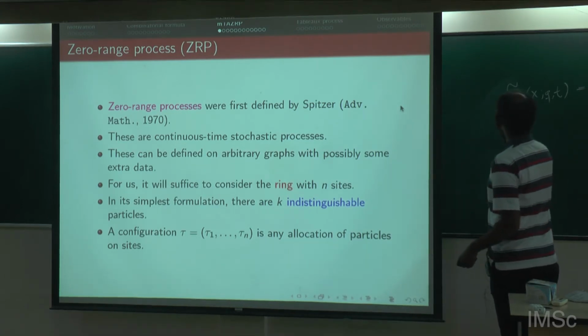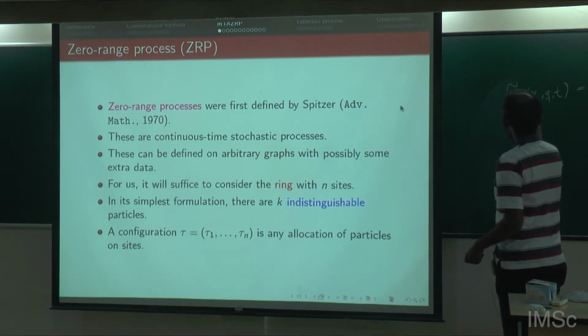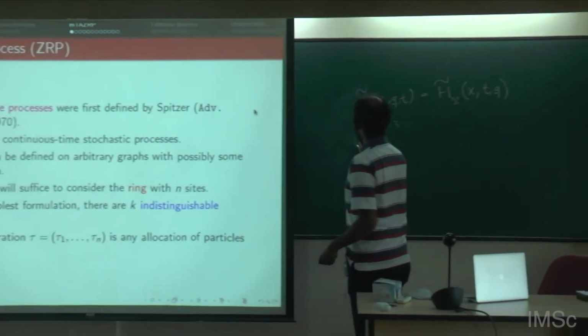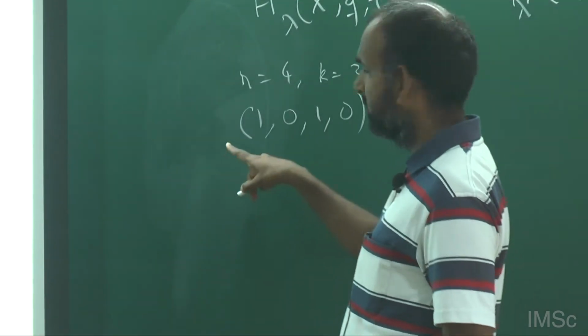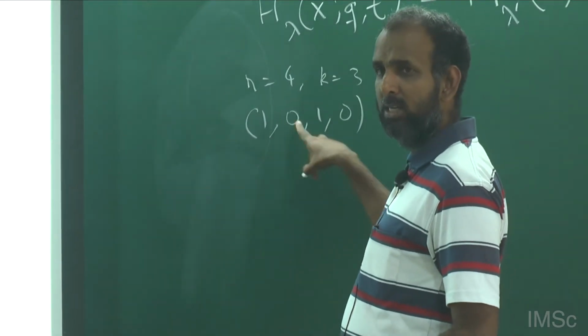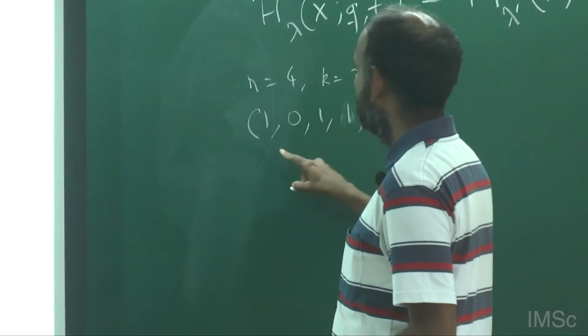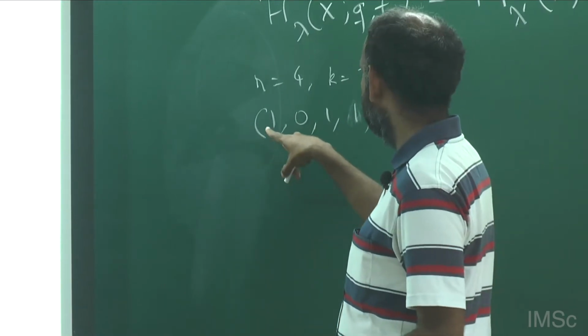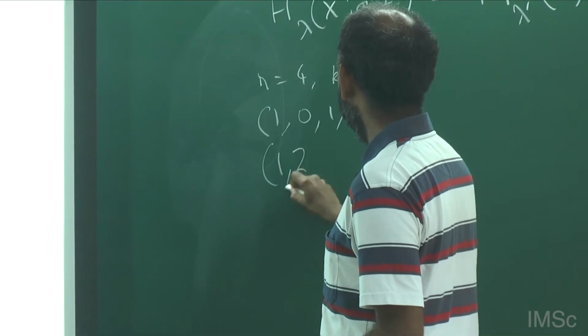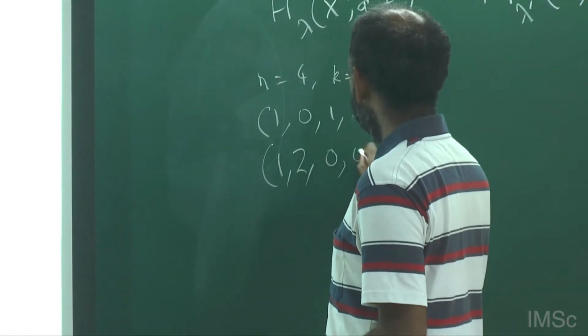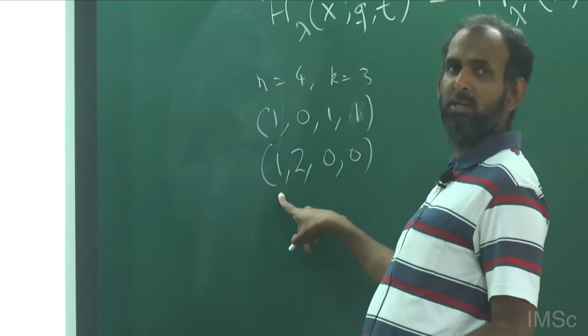if n equals 4 and k equals 3, you can have configurations like 1, 0, 1, 1, which means there's one particle each at sites 1, 3, and 4, or something like 1, 2, 0, 0, which means there's one particle at site 1 and 2 particles at site 2.